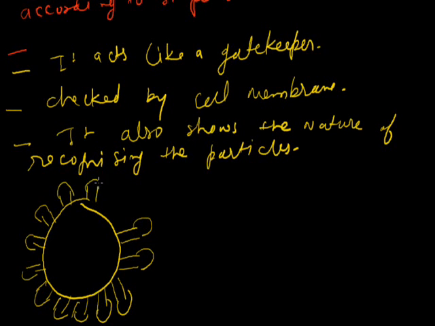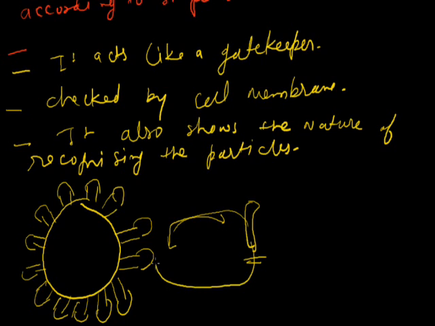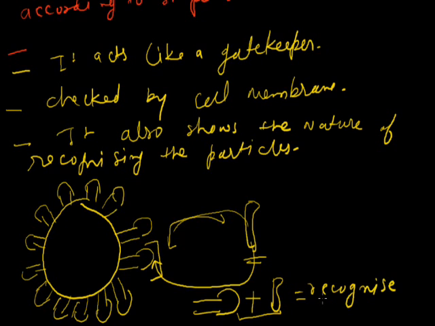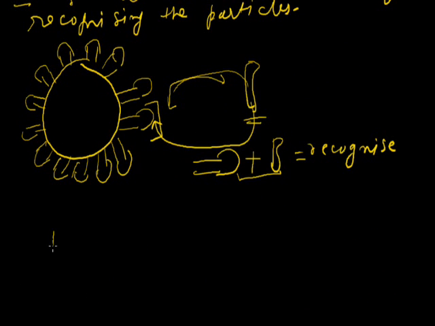So the things coming from outside that want to go inside the cell, first this particle should interact with these proteins present at the outer surface. If the specific proteins and the moving particle recognize each other, the particle will move inside.